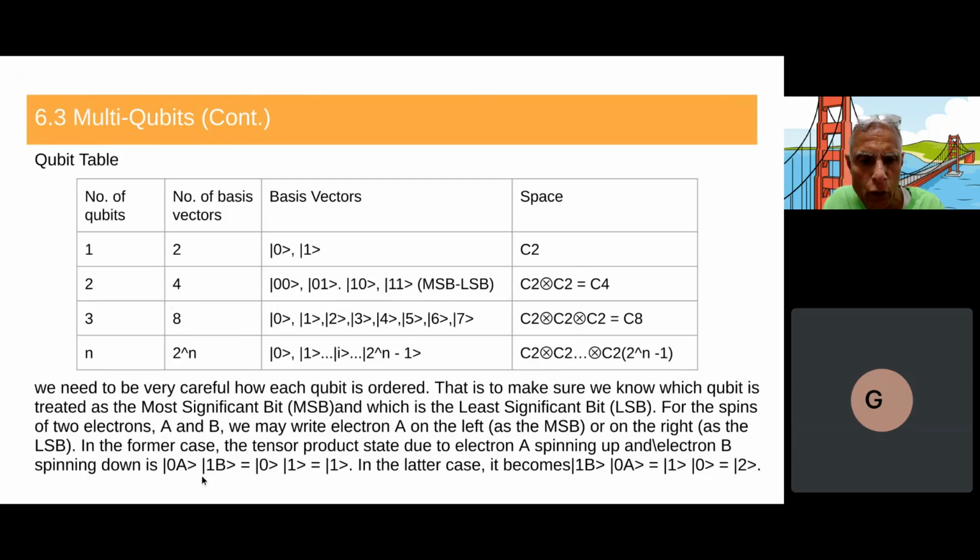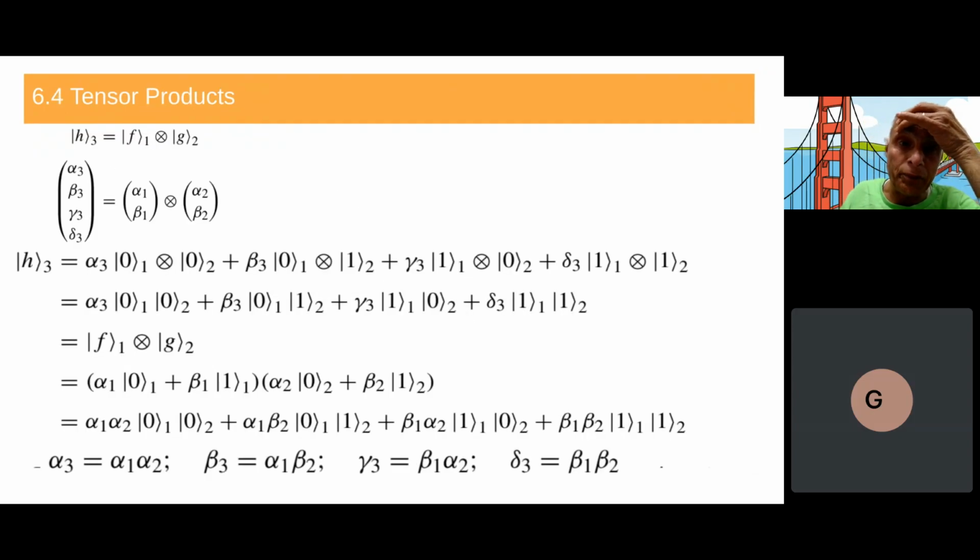So this is referring to 2, this being the MS bit, this the middle, this the third, and this the least significant bit. So, 0 1 2 3, 1 and 2. This is nothing but a representation of the tensor product, and we'll get into this in a much better way when we get into the actual calculation.